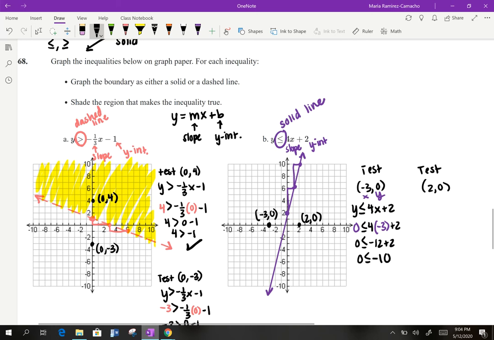Is 0 less than or equal to negative 10? No. So I can already tell you that we're not going to shade to the left. We're going to shade to the right. Let's confirm. Here's my original inequality. Plug in 2 for x, 0 for y.